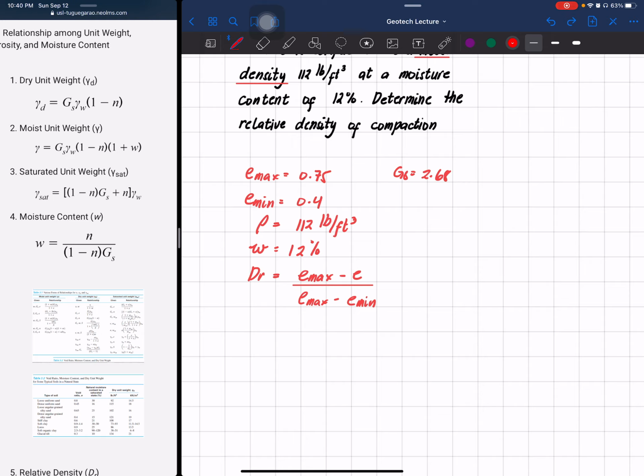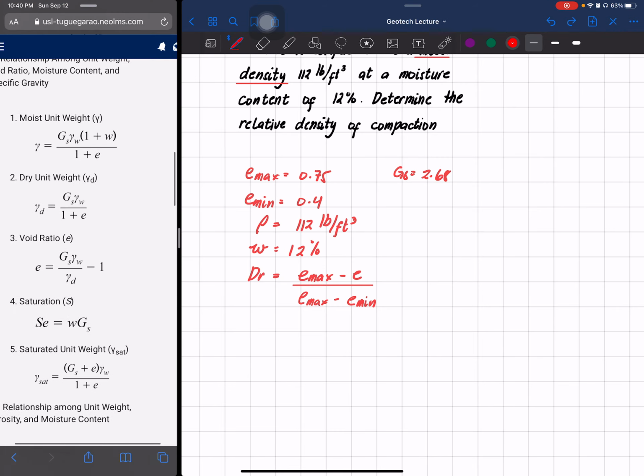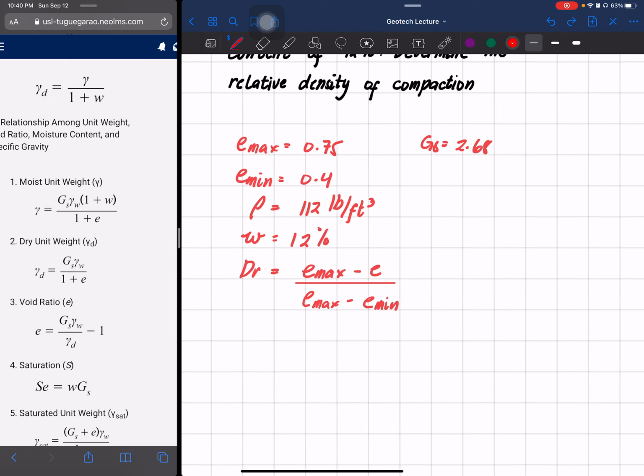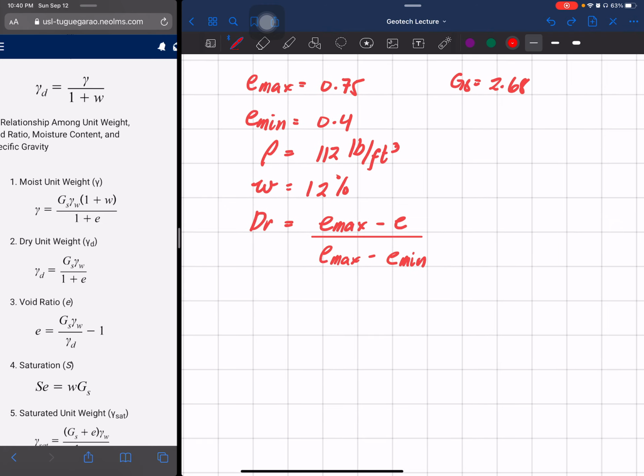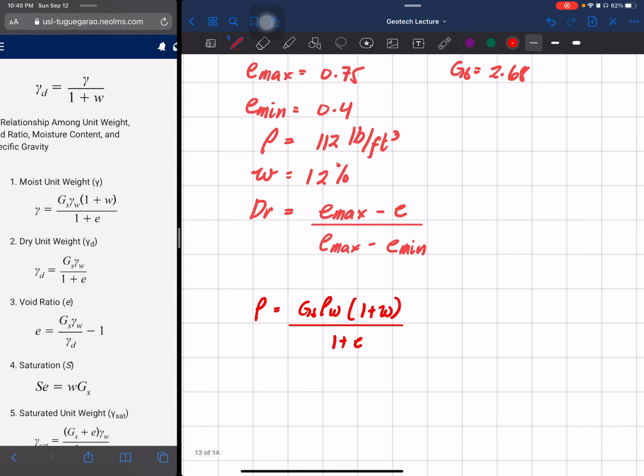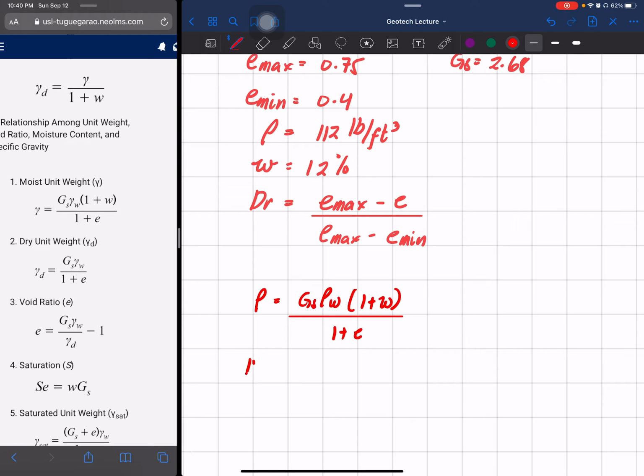So, pwede natin gamitin yung formula for the moist density. Okay, and that is equal to, ayan, GS rho ng water times 1 plus water content all over 1 plus E. Okay. So, given na sa atin yung density ng tubig.